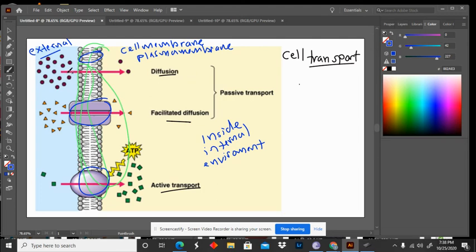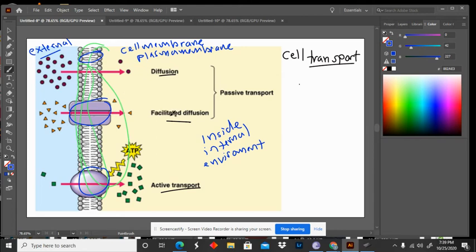Examples of this would be oxygen. You breathe oxygen. That oxygen is outside of the cell, and your cells need oxygen, but there's very little inside, so the oxygen is going to go into the cell. And this happens in red blood cells. You breathe in, the oxygen moves from high to low, and then the oxygen gets into the red blood cells.